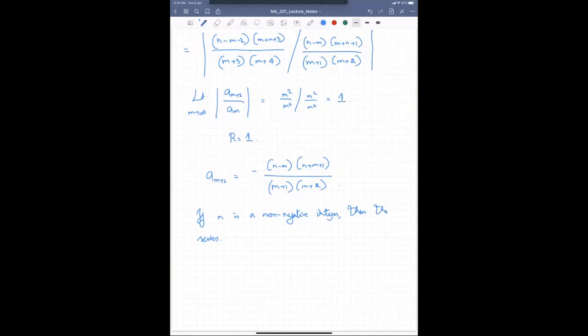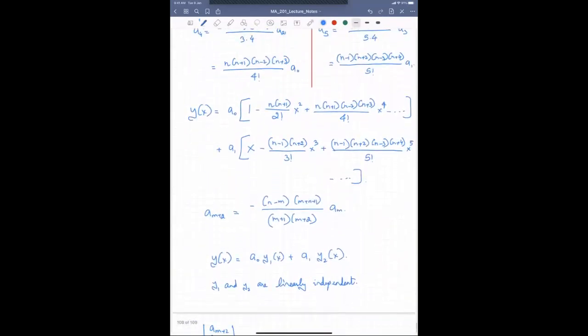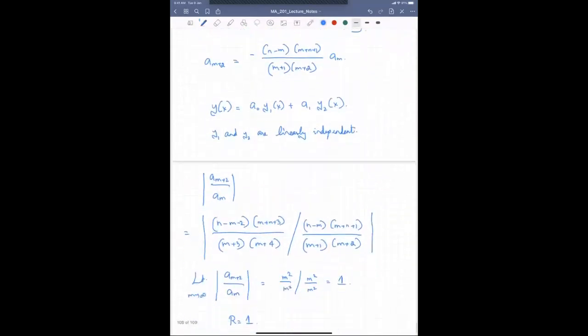So at m equals n, the series terminates. If n is an even number, the first series terminates and the second series keeps growing. And if n is an odd number, the second series terminates and the first series keeps growing.